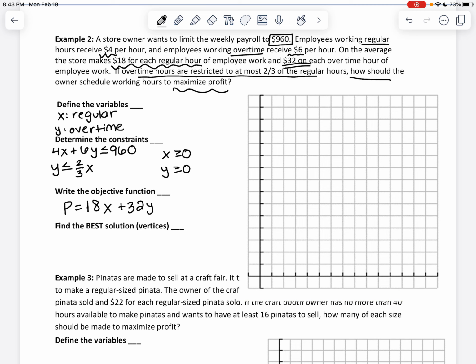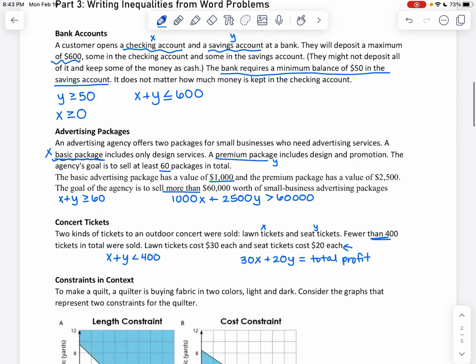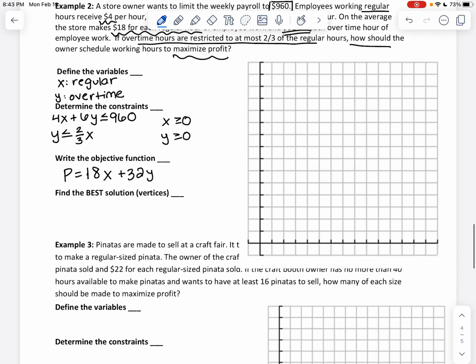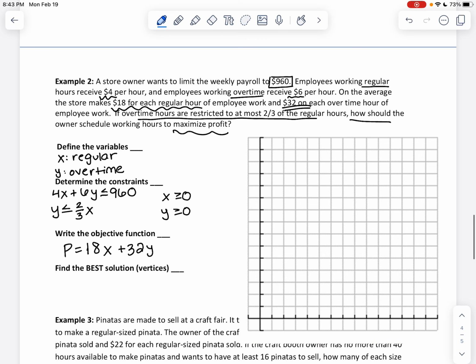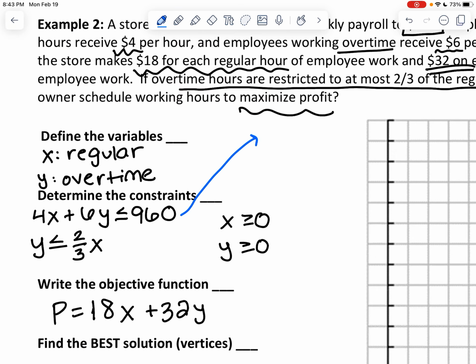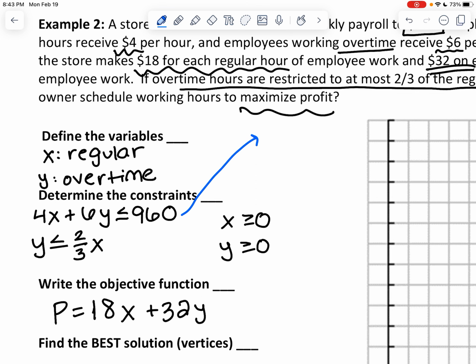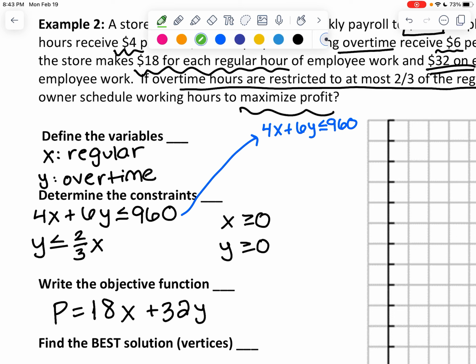All right, we're going to go ahead and work on graphing this now. I will start with this first equation here, and I do need to make some more space because I'm going to have to solve it and get it in slope-intercept form. So we have 4x plus 6y is less than or equal to 960. I'm going to start by subtracting 4x from both sides.